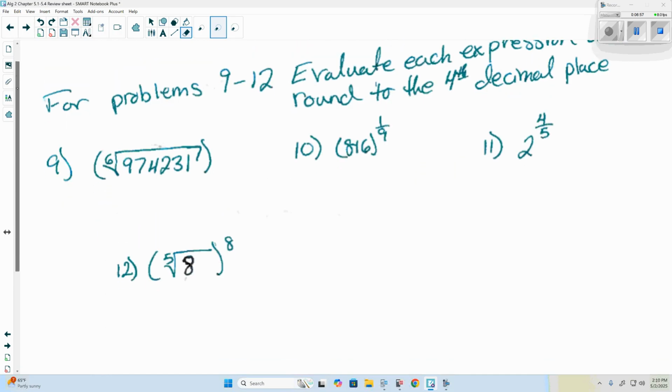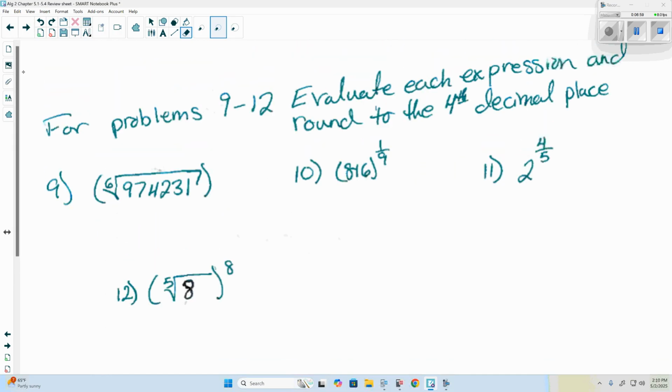For problems 9 through 12, evaluate each expression and round to the 4th decimal place if necessary. On the test, it will say if necessary. Because if we approximate or calculate one of these and get 7, do we need to round to the 4th decimal place? No, there's no decimal place to round to.